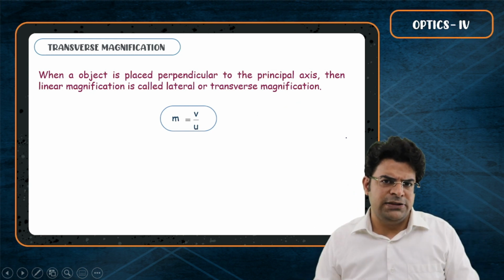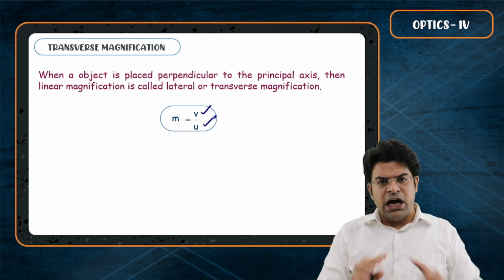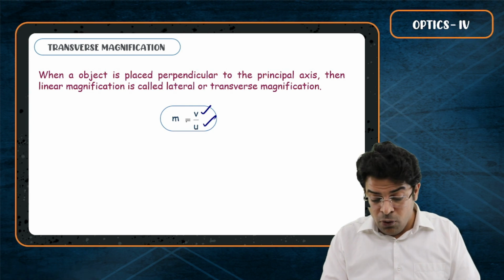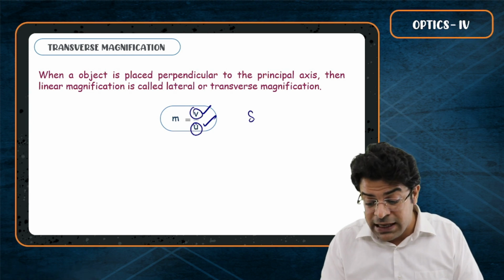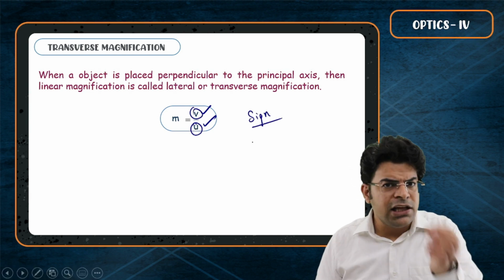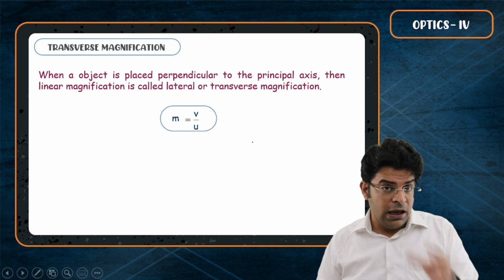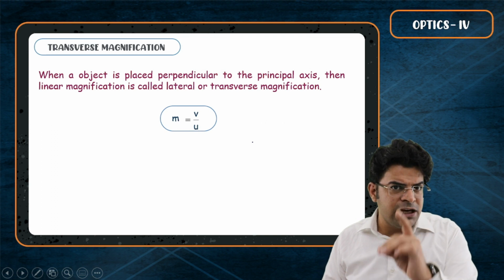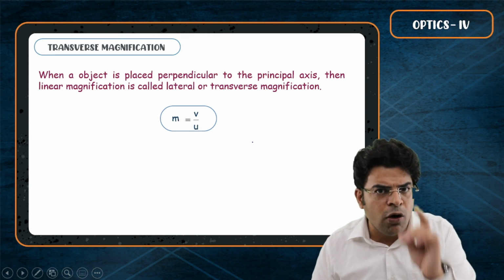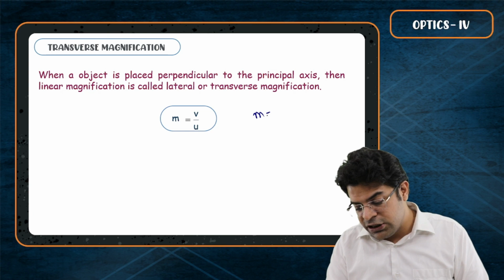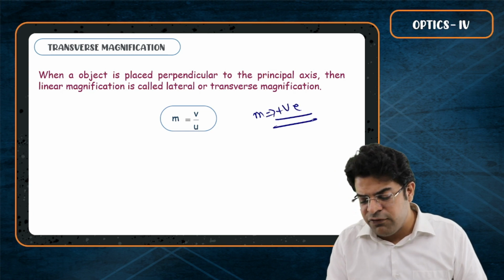If for a lens, the object and image are on the same side, then both u and v will have the same sign. Either both of them will be positive or both of them will be negative. If the object and image are on the same side of the lens, the magnification is going to be positive.